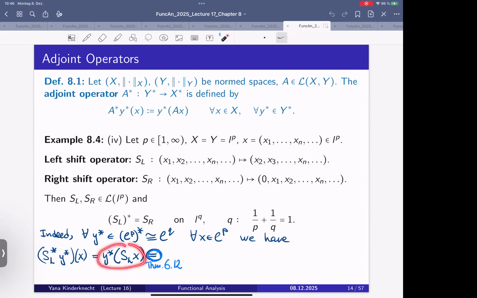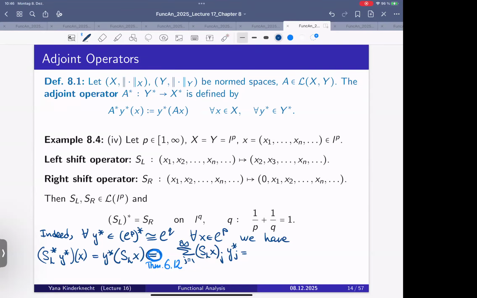So this acts as follows. It's a sum over j from 1 to infinity. We take the vector SLx, take its j's coordinate and multiply with y star j. I mean here that y star corresponds to a vector in LQ, and this vector has such coordinates. Now we may change how we calculate this. First of all, we know how SL acts.